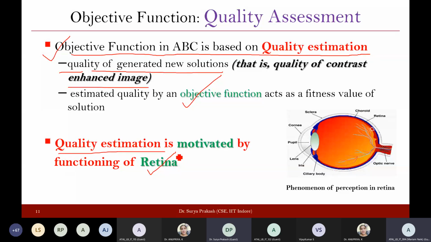We'll see that quality is based on the contrast. So to compute the contrast, we will be using the phenomenon that we see when we are projecting some object on the retina, the concept that is applicable when any image is formed on the retina.